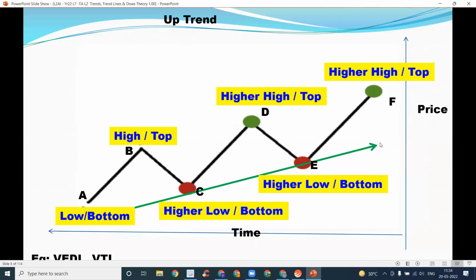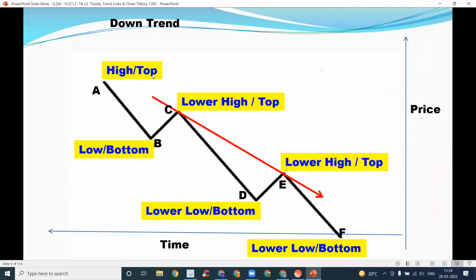Same way, the downtrend. In the downtrend, you can see these points A, C, E are the tops. The points B, D, and F are the bottoms. Now, in the downtrend, we'll always have lower highs.